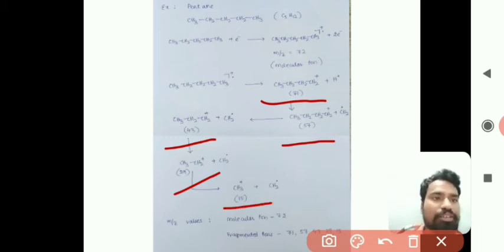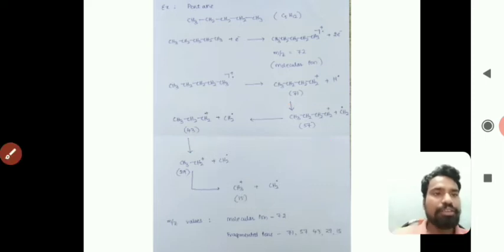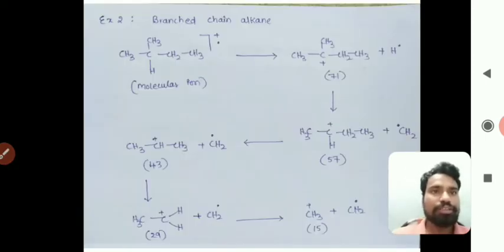Out of all these, the cation with the highest stability will have the highest peak. That will be discussed while writing the mass spectra based on the stability of cations. This is the fragmentation process in simple alkanes.